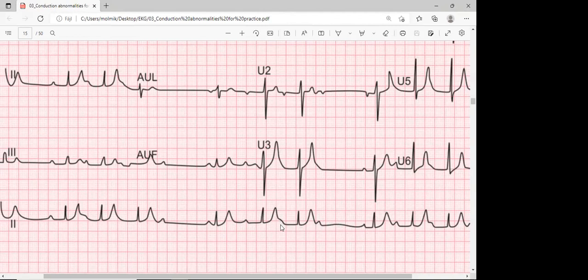Okay, that's longer than the first one. So that's Mobitz type 1, not Mobitz type 2. And if you look at the RR, see? Longer, shorter. It's changing. So this is why that's Mobitz type 1.